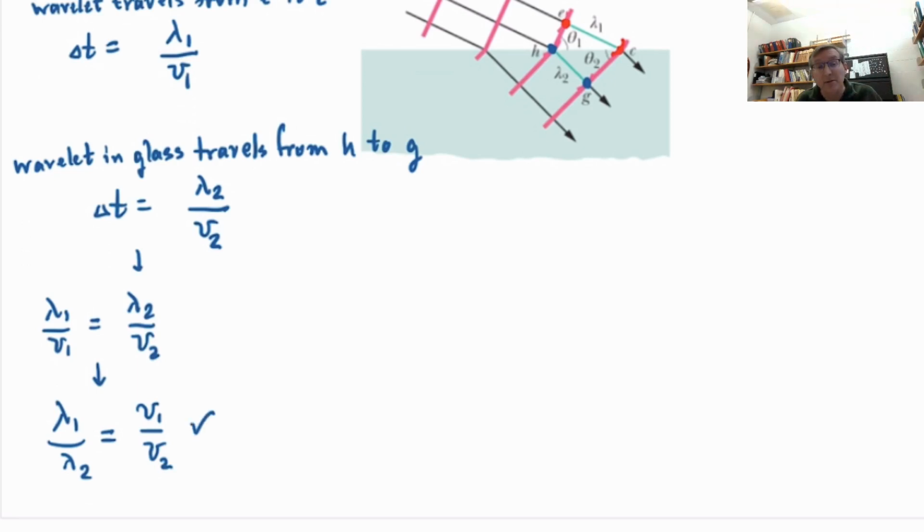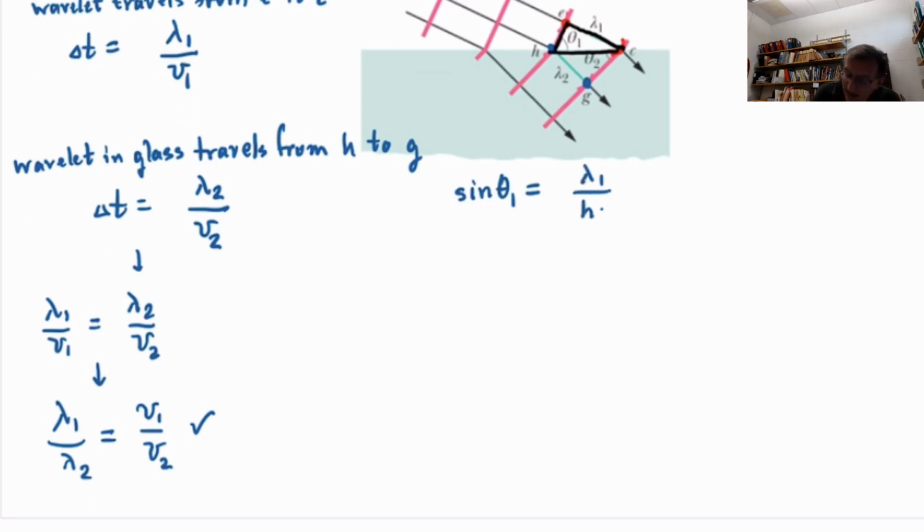Now let me show you something else. Just from the geometry of this drawing up above, I have a right triangle right here. And from that right triangle, I have an acute angle theta 1, a leg lambda 1, and a hypotenuse, which is the distance from point H to point C. So just from trigonometry, I know that the sine of theta 1 is opposite, lambda 1, over hypotenuse.